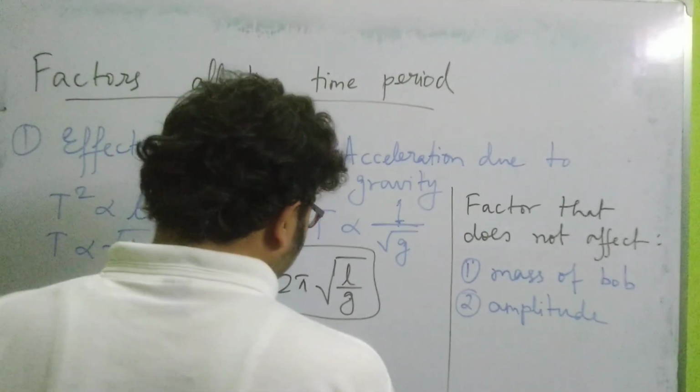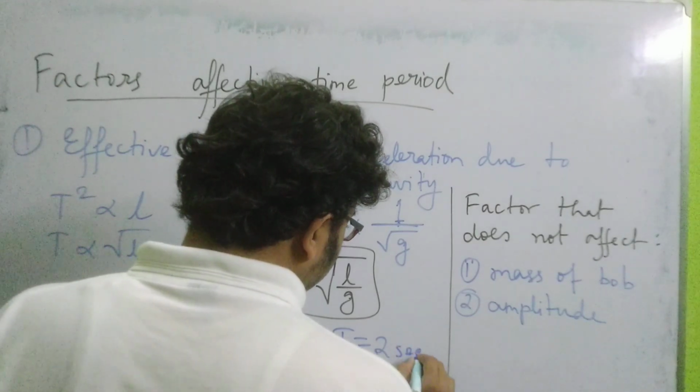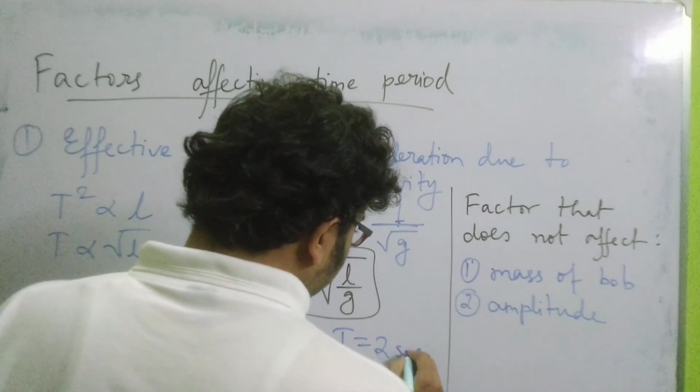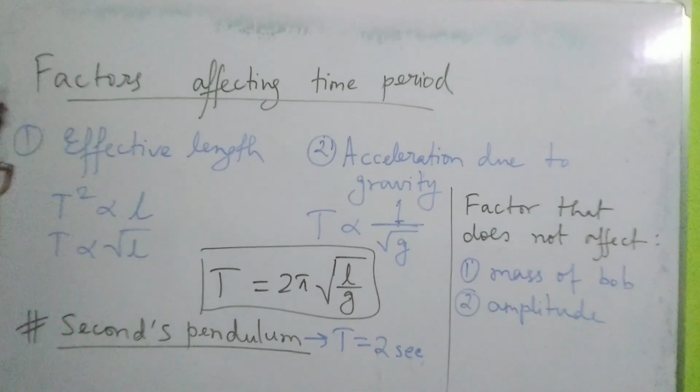The pendulum which has a time period of 2 seconds is regarded as a seconds pendulum. It completes one oscillation in 2 seconds.